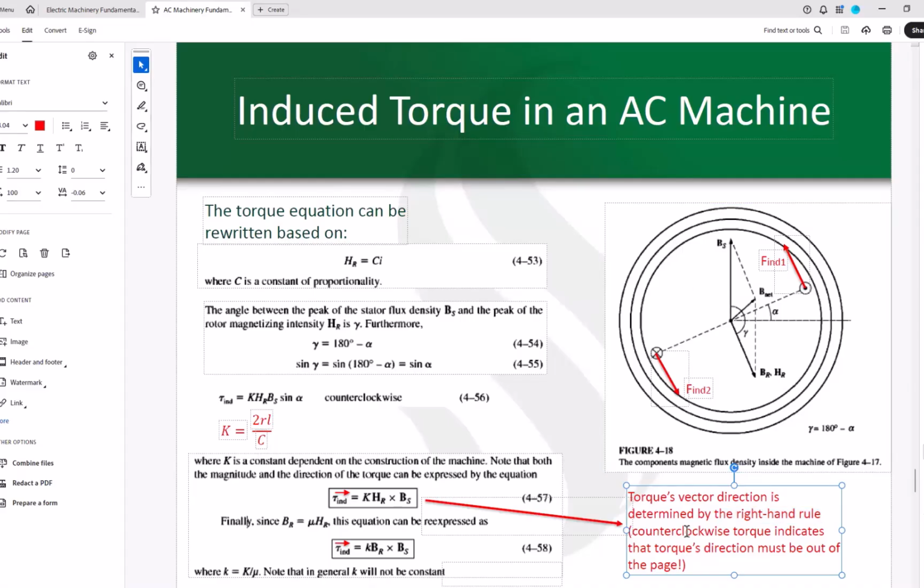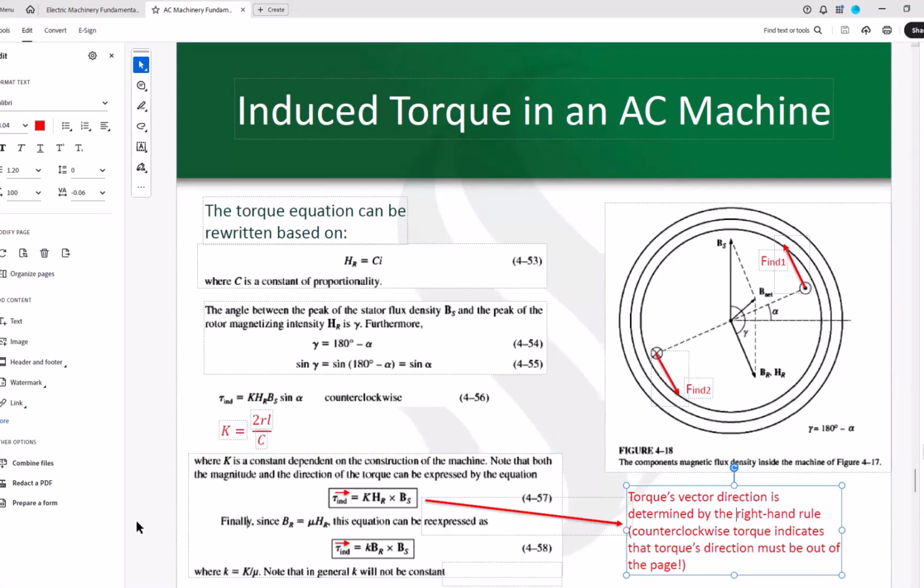That's another way. Or you can treat it this way. The rotation of your four non-thumb fingers, wherever they would make the smallest angle between BR and BS, your thumb would determine the direction of the torque, right?